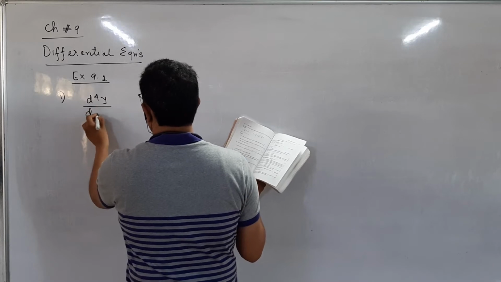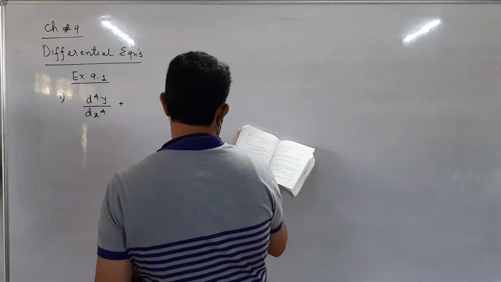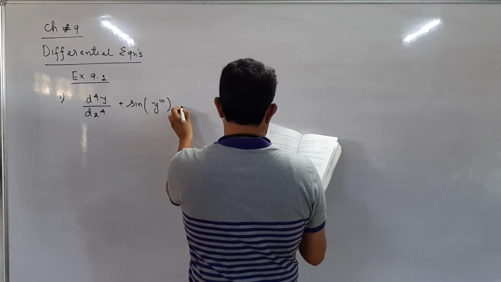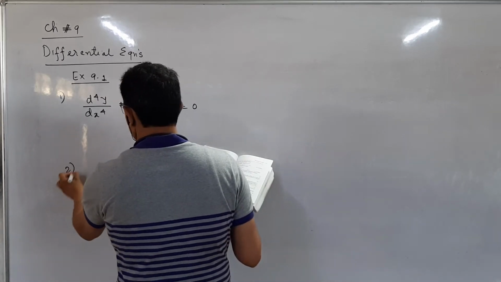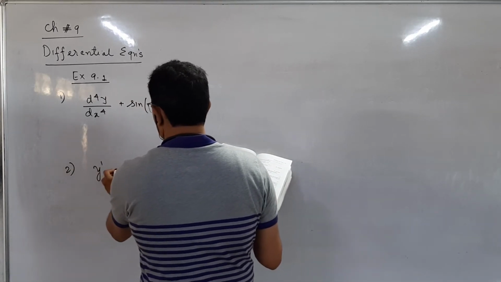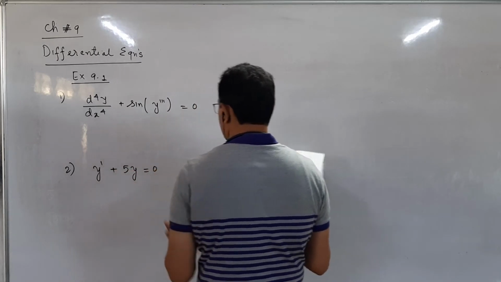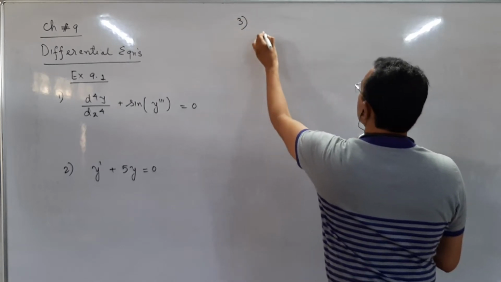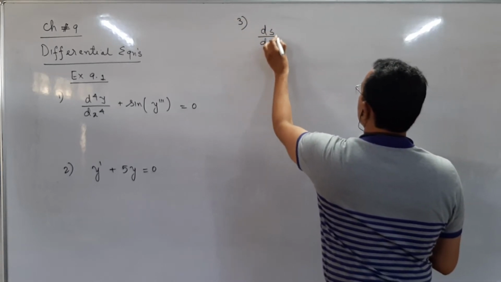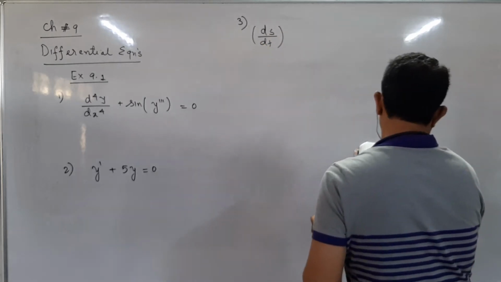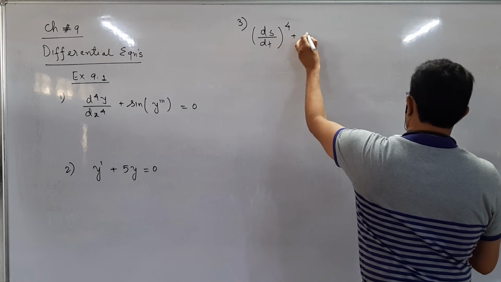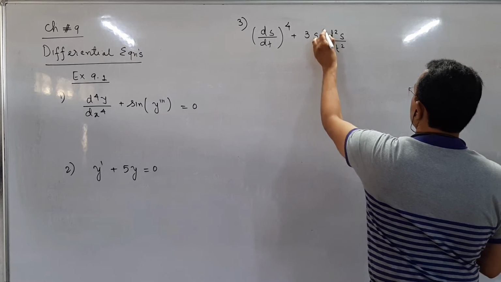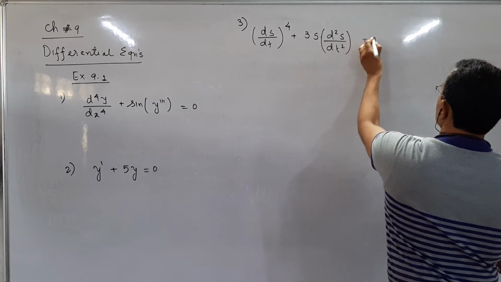d4y upon dx4 plus sine of y triple dash is equal to 0. Okay, this is the first sum. Second, y dash plus 5 times y is equal to 0. Okay. Third sum, students: ds by dt raised to 4 plus 3s into d2s upon dt2 is equal to 0.